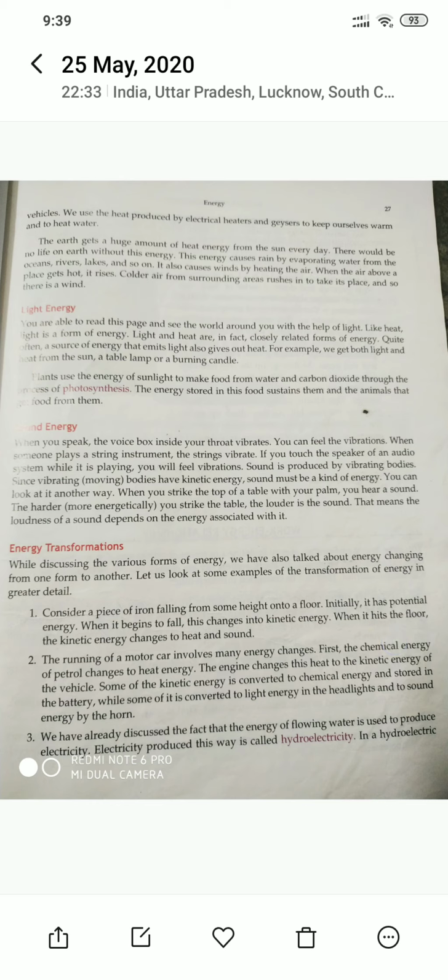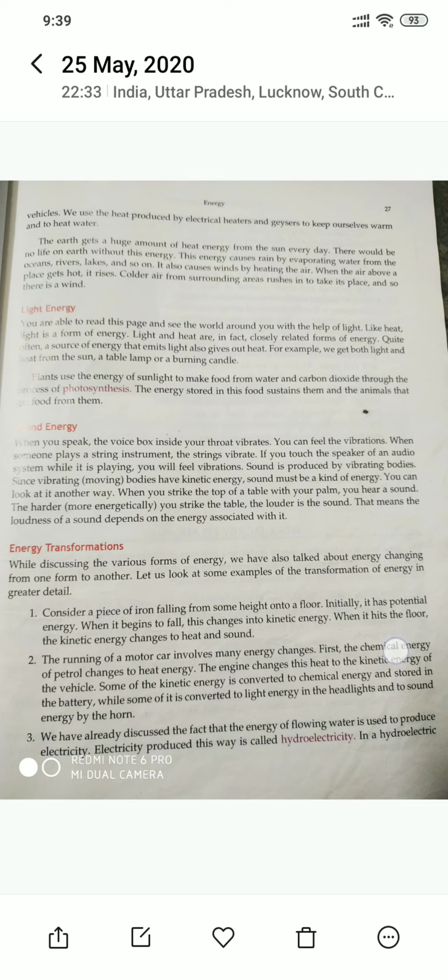And finally, when it hits the floor, height becomes zero, so no potential energy, and all the potential energy is converted into kinetic energy at just the instant where it is about to hit.